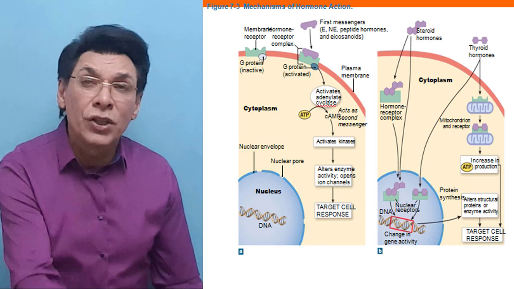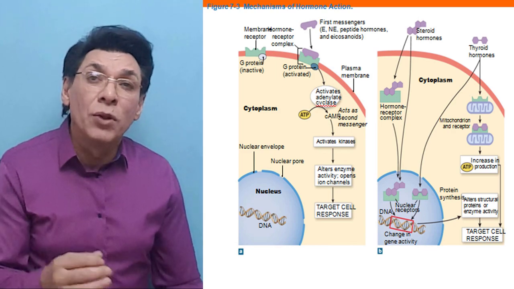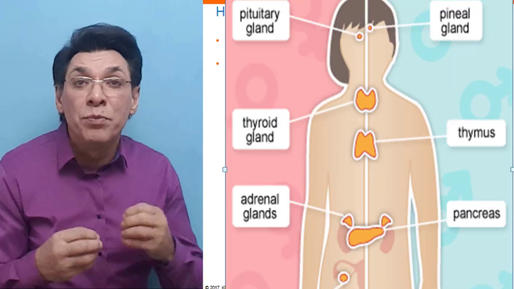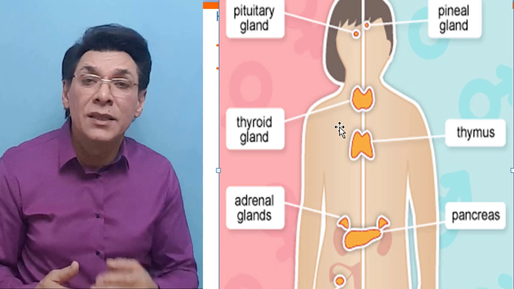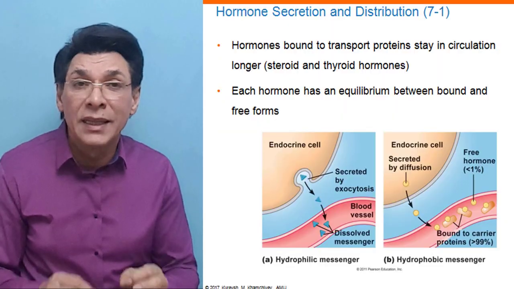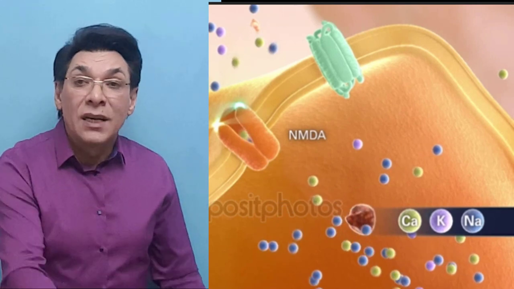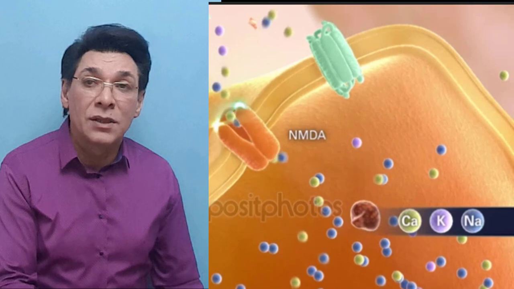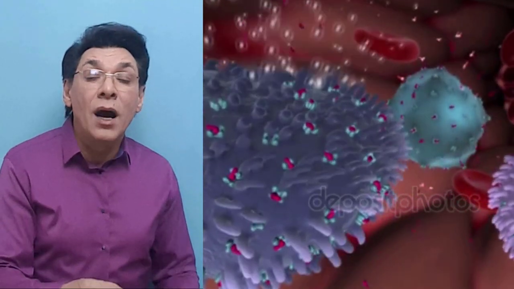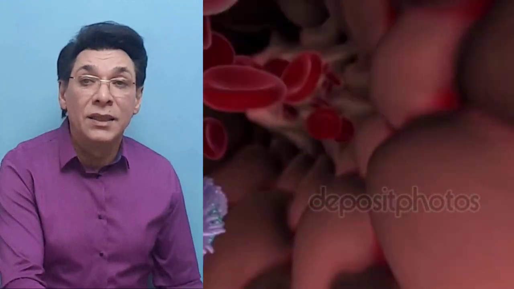Hormone secretion and distribution. Hormones rapidly enter the blood and are distributed throughout the body. Freely circulating hormones are short-lived and inactivated when, first, they diffuse to target cells and bind to receptors. Second, they are absorbed and broken down in the liver and kidney.